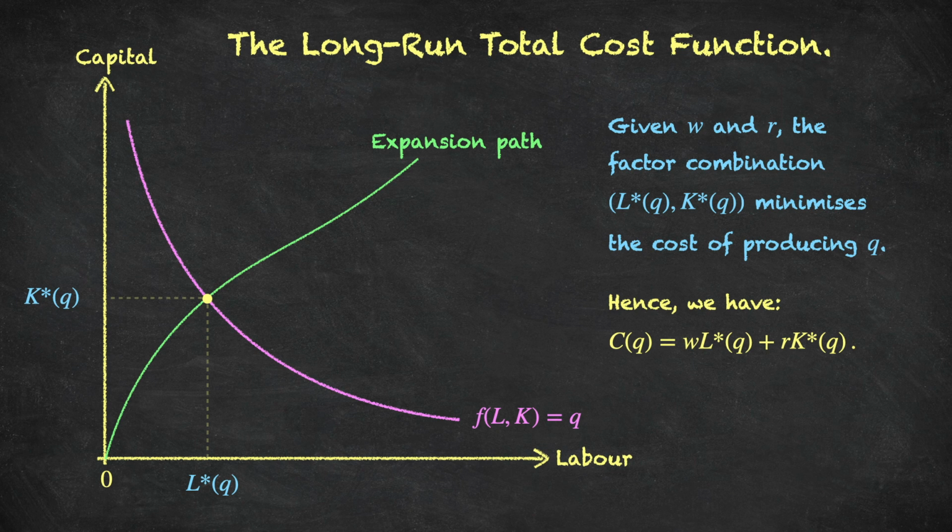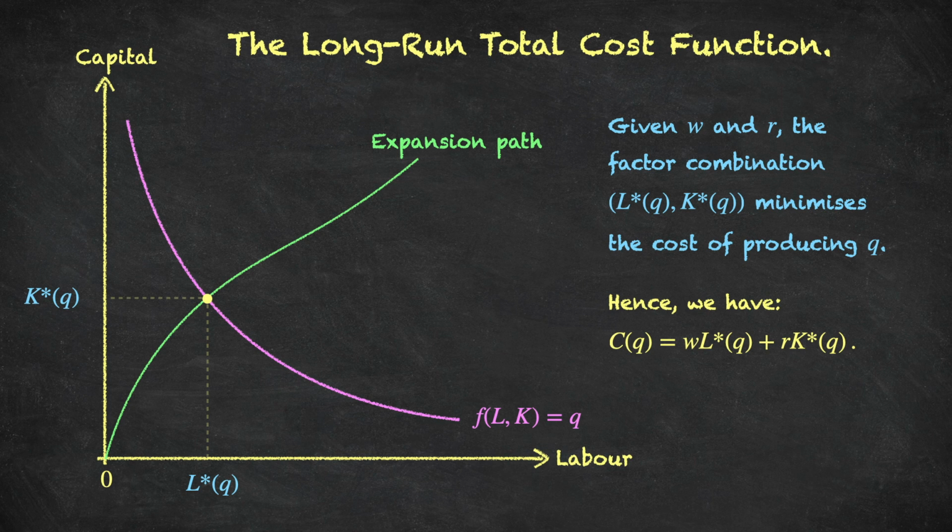And at that point, I know I'm cost minimizing. I'm producing that output in the optimal way, in a way that minimizes the total cost of producing that output. I'm on the lowest possible isocost subject to actually producing output Q.